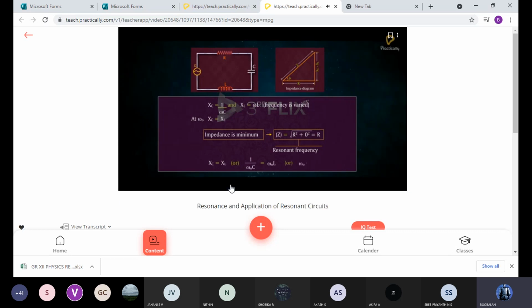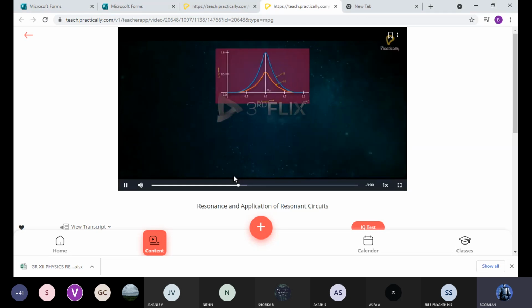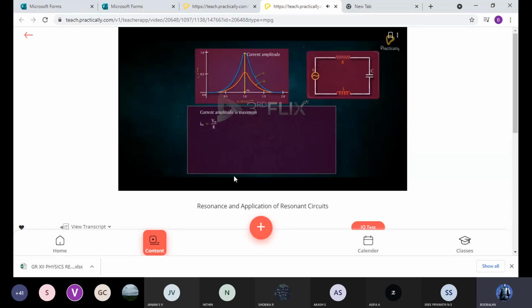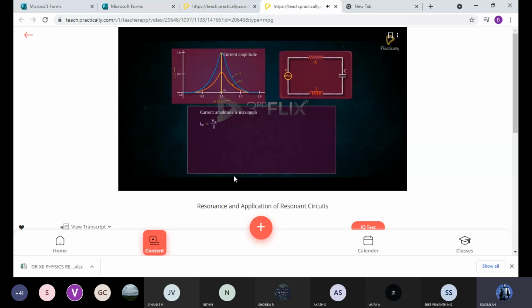At the resonant frequency, the current amplitude is maximum. Im is equal to Vm by R. The graphical representation is as shown. We may observe how Im varies with omega in our LCR series circuit.